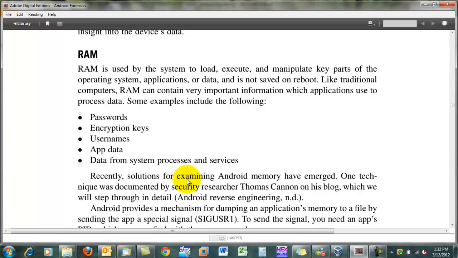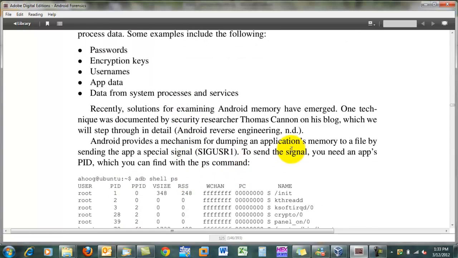This is the ultimate best method to pull the RAM, which is very difficult to do in Android. The other way is called application memory. That means you get the application process ID, and you get the memory of that application.